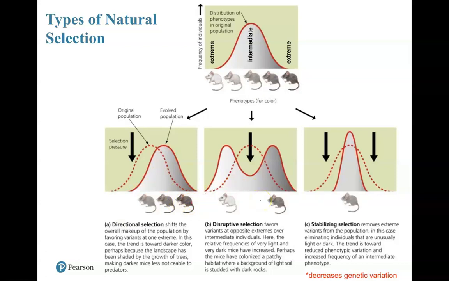In disruptive, you're getting rid of those intermediate phenotypes. In stabilizing, you're getting rid of the extreme phenotypes. You're decreasing genetic variation regardless. Natural selection definitely decreases genetic variation in any population. Whenever you have a selection pressure where you're favoring a certain gene, you're going to decrease genetic variation.